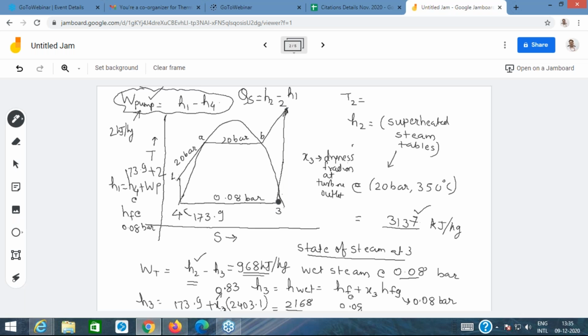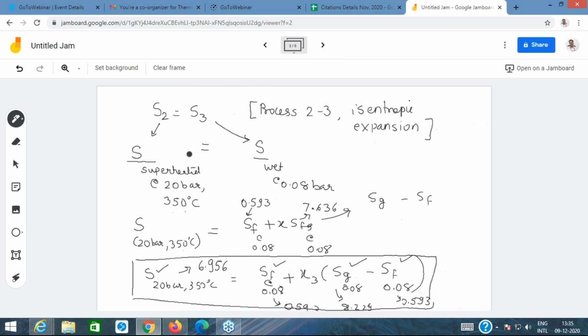Then I need to find the enthalpy of the steam which is leaving the steam turbine, for which I need to find the dryness fraction of the steam at the exit of the steam turbine. For this, I make use of the fact that process 2 to 3 is isentropic, meaning the entropy of the superheated steam and the wet steam is the same.